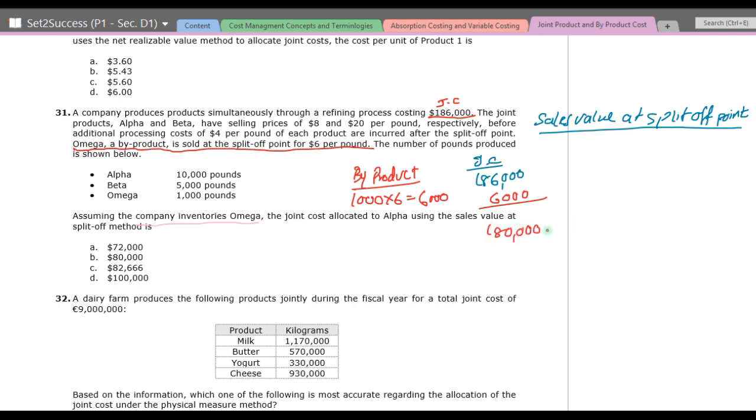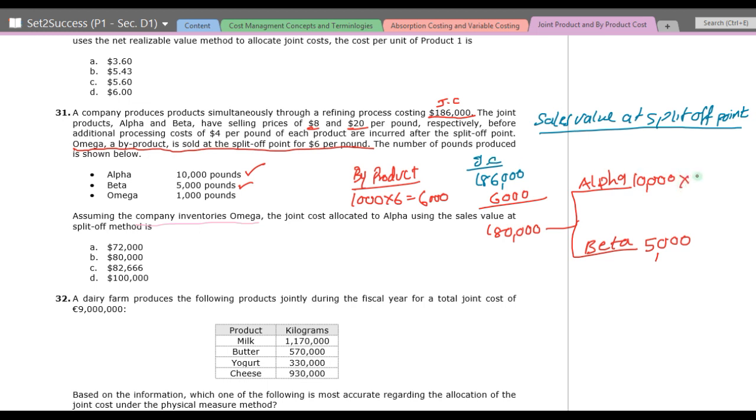So this 180,000 must be allocated to alpha and beta. The method that is being used is sales value at split-off point. For alpha we have 10,000 pounds and for beta we have 5,000 pounds, and the sales price for alpha is 8 and for beta it is 20.